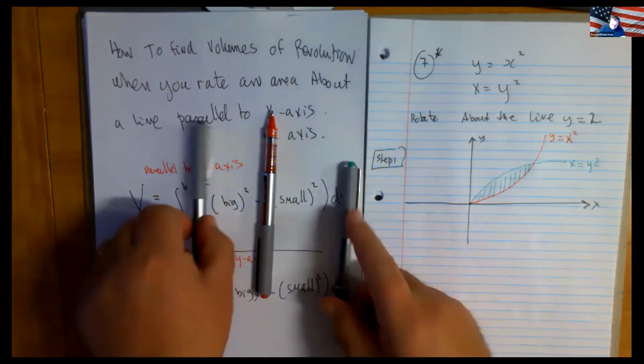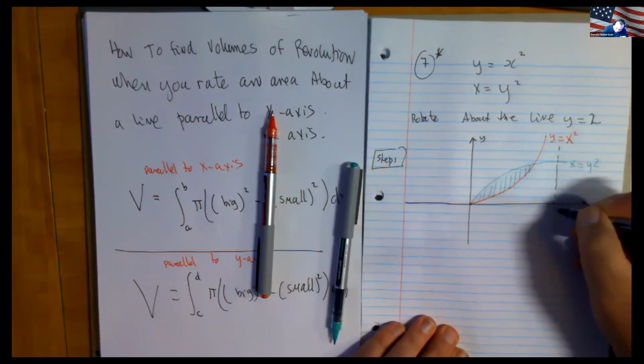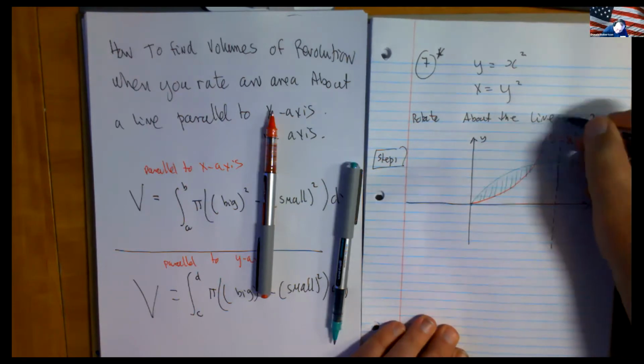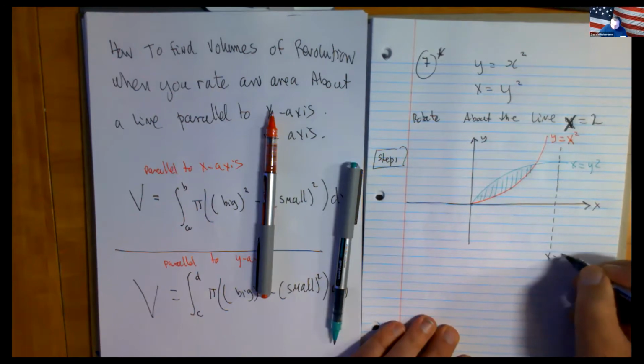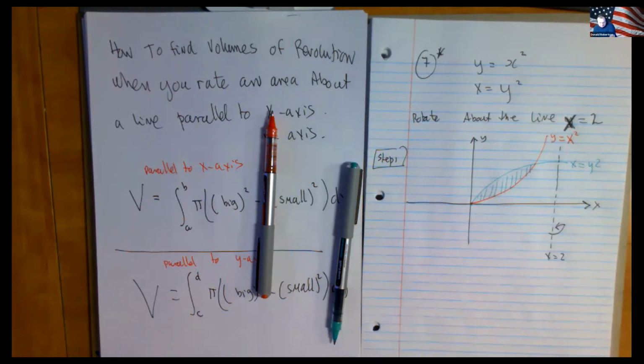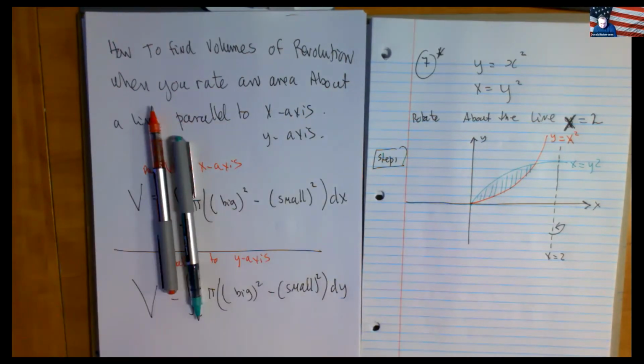Now, the line that we're going to rotate it about is down here, x equals 2. I'm going to rotate it about this line. So this is a rotation about the y-axis, isn't it?